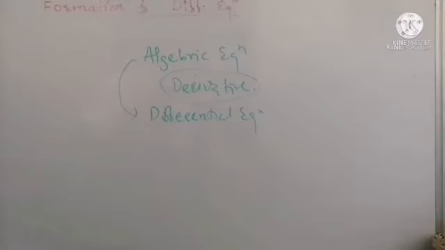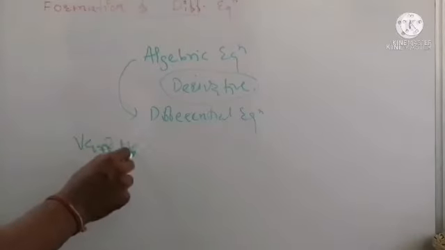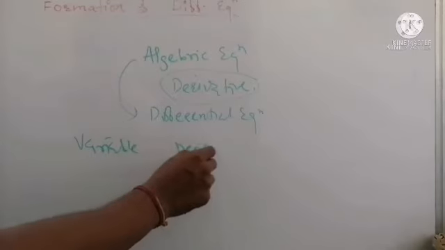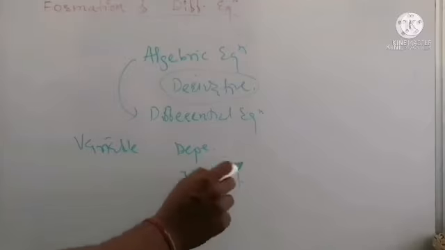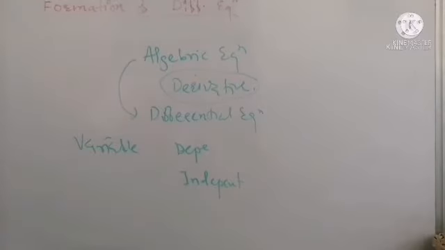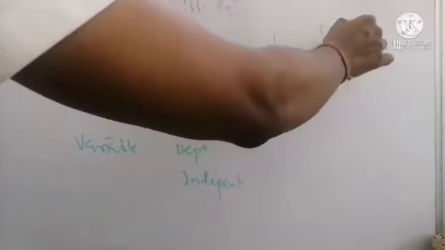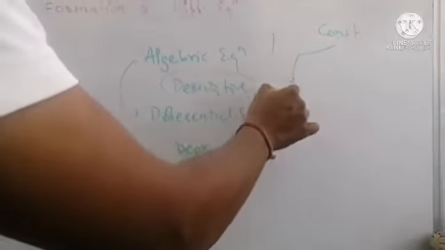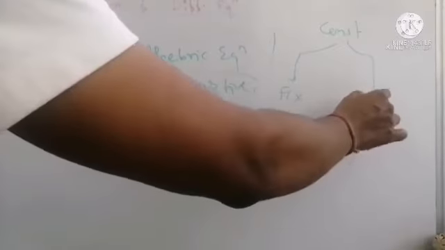As we know, there are two types of variables. One is the dependent variable and another is the independent variable, which we studied in the first chapter, function. Now, constants are of two types. First are fixed constants and some constants are arbitrary constants.